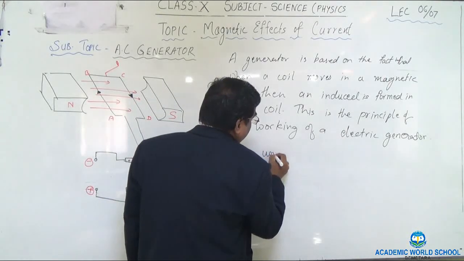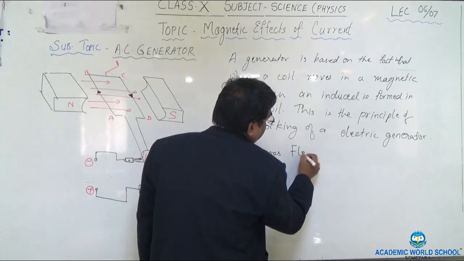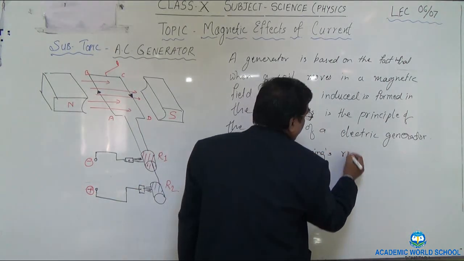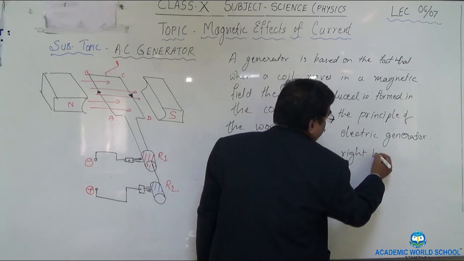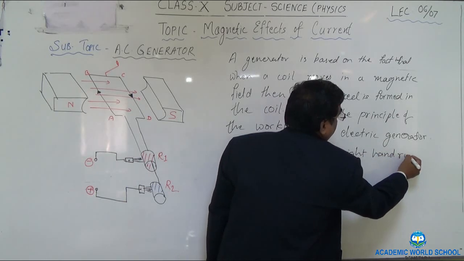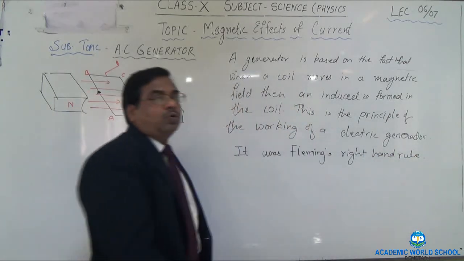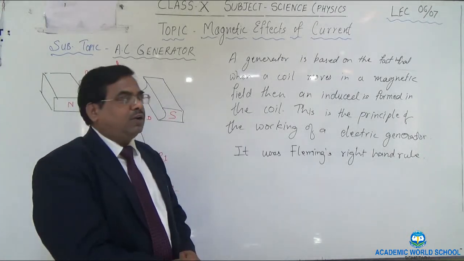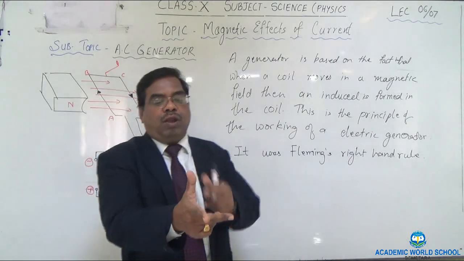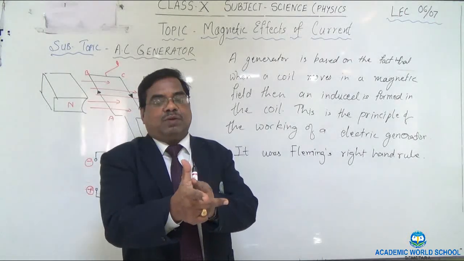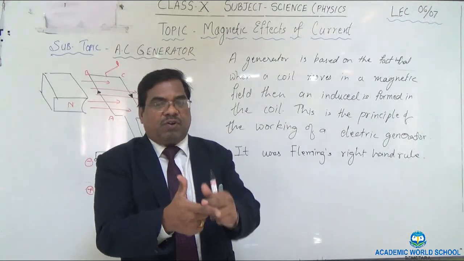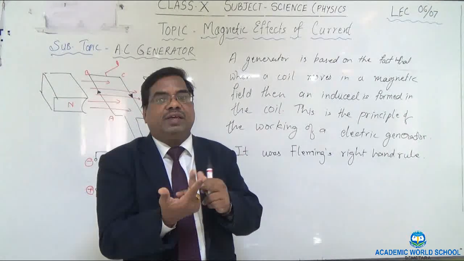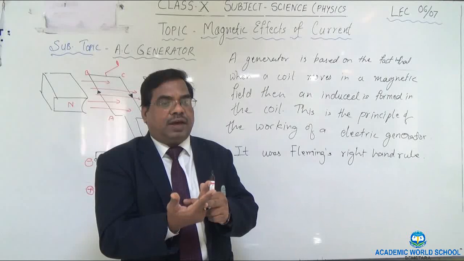It uses Fleming's right hand rule. I have taught you in the previous lesson what Fleming's right hand rule is. Thumb is in the direction of the motion, the forefinger in the direction of the magnetic field, then the middle finger will give you the direction of the induced current.